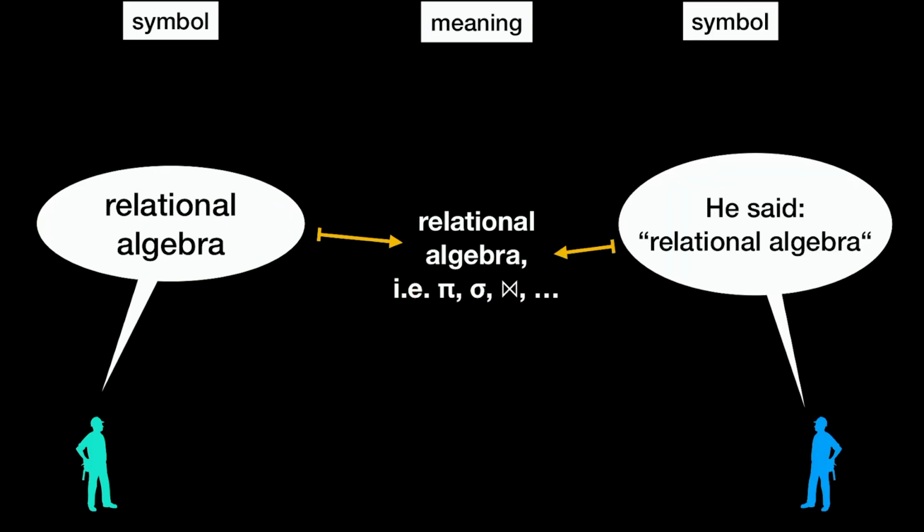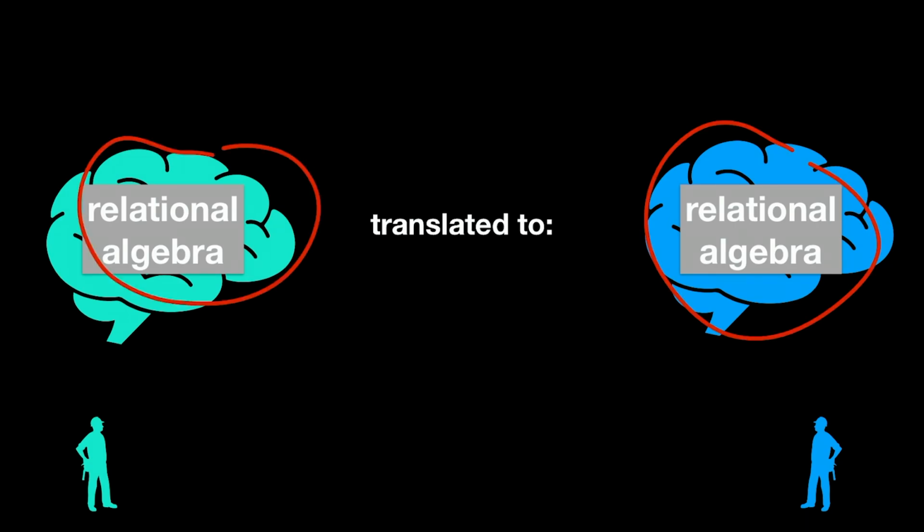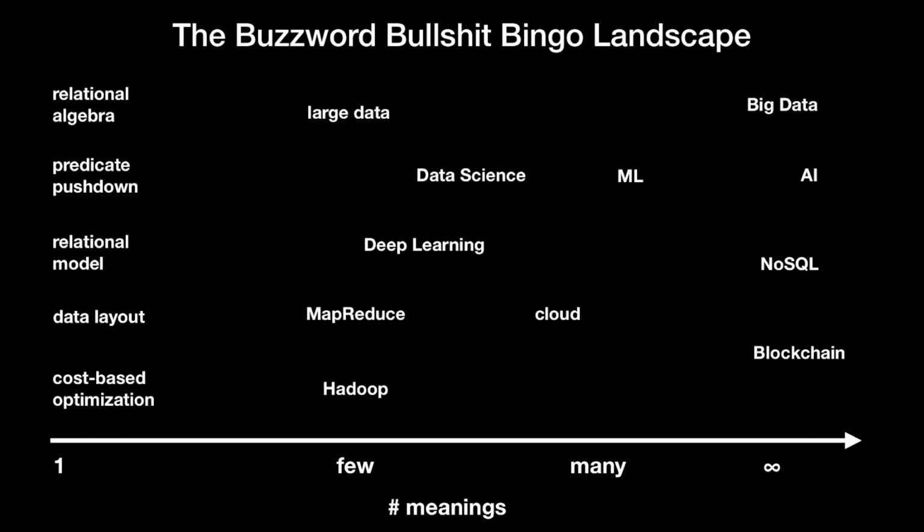If you're in a room with someone who had a database course, he or she will understand it's relational algebra. So there's no translation error. Relational algebra in that brain got translated to relational algebra in that brain. And with that, you can draw a buzzword bullshit bingo landscape.